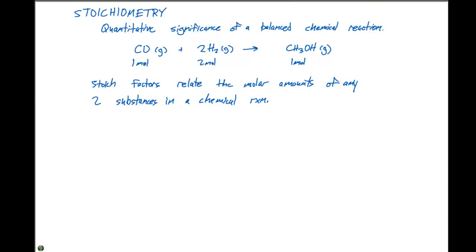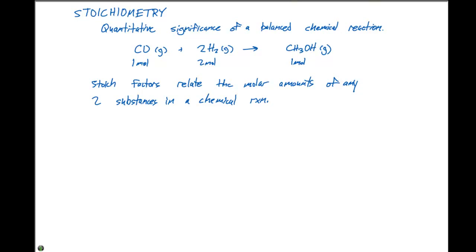So the balanced chemical equation gives us the ratio of all the moles of every component that's involved. So here we have a 1 to 2 to 1 mole ratio of all the reactants and the products in this particular equation.